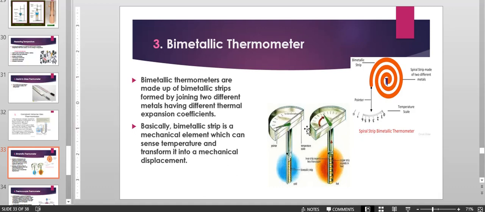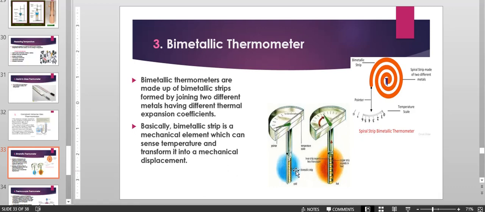So basically here you can see the bimetallic thermometer. Here the bimetallic strips are placed in a coil. So by the effect of thermal expansion and contraction, these bimetallic strips will either expand or contract respectively depending upon the temperature.